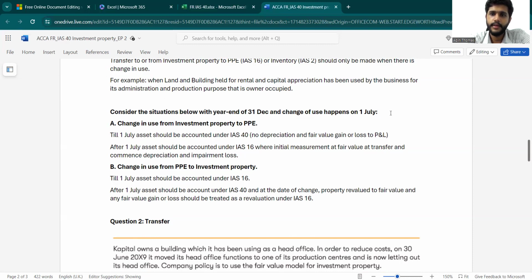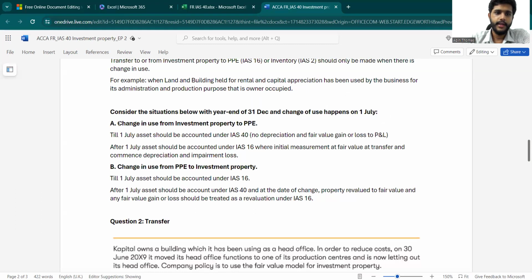So until these 5 years, they will recognize this as investment property. After the 5th year, they can use it for their business purpose, like building a production facility or for administration, as their headquarters, like the example we saw above. So after the 5th year, we need to change the accounting treatment of the asset to IAS 16. That is what the scenario below explains.